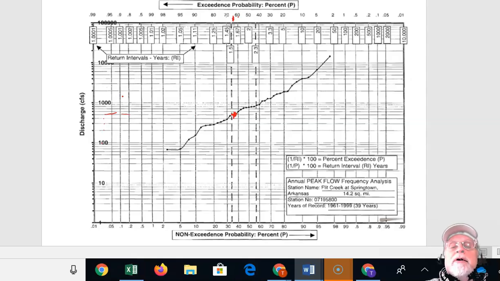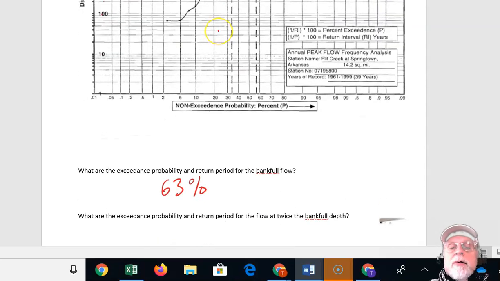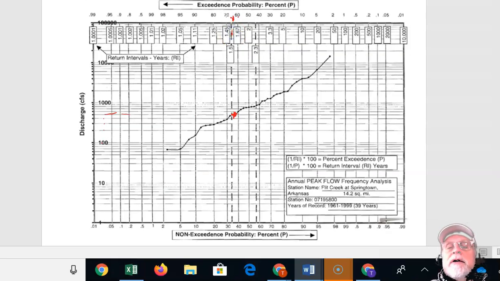Put in terms of a return interval, it's the inverse, about 1.6 years, so it's going to happen about once every 1.6 years. That's a typical value; a return interval of 1 year to 2 years is pretty typical.